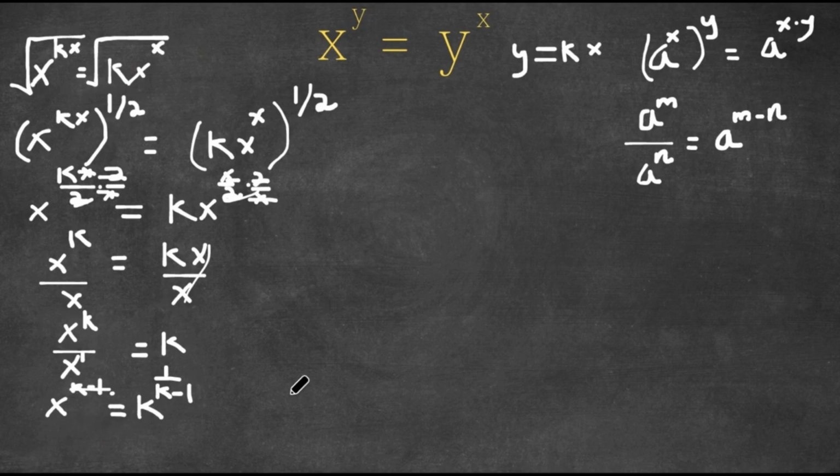So now this would be x equals k to the power of 1 over k minus 1. So now we have our value of x. x is equal to k to the power of 1 over k minus 1.